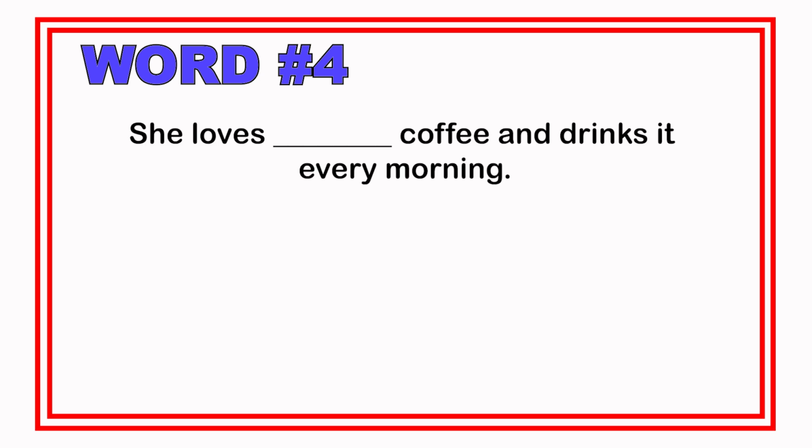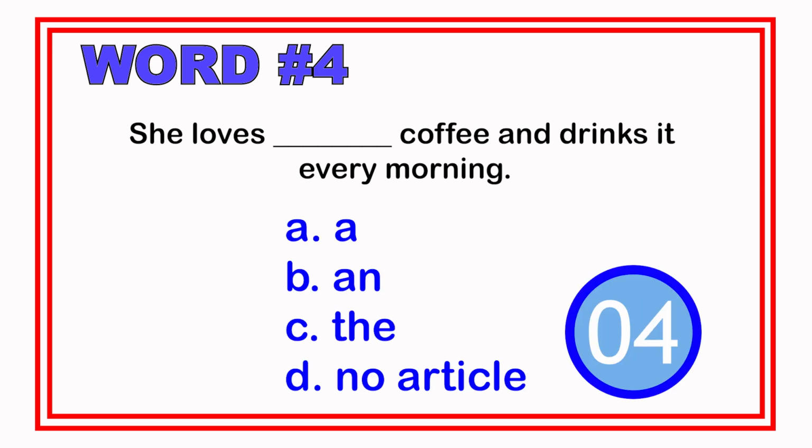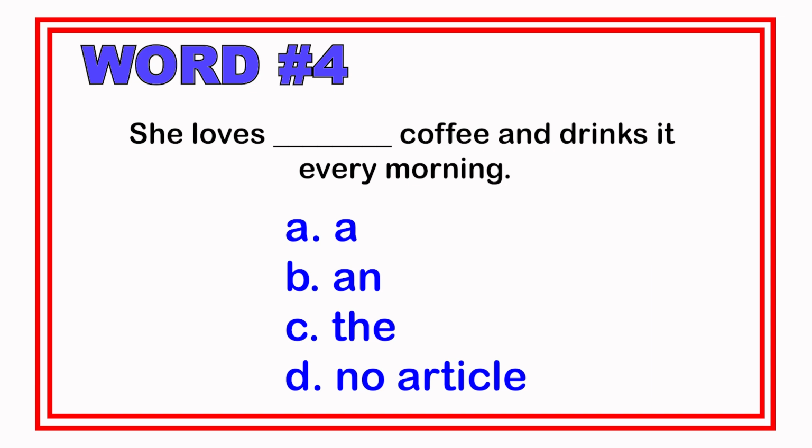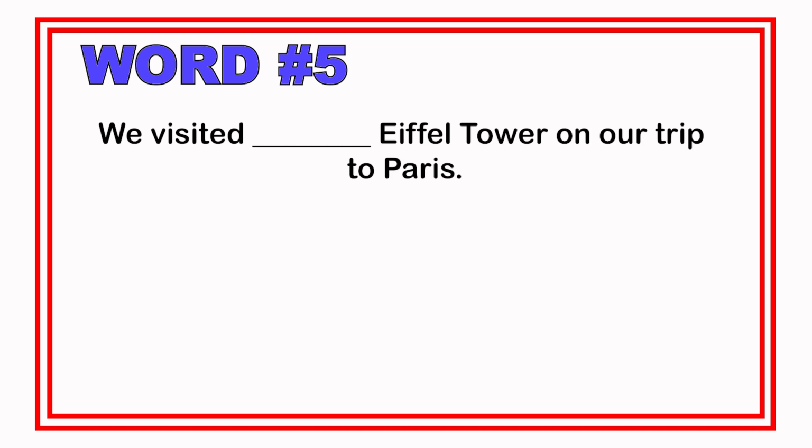Number 4, she loves something coffee and drinks it every morning. She loves coffee and drinks it every morning. Number 5, we visited something Eiffel Tower on our trip to Paris.